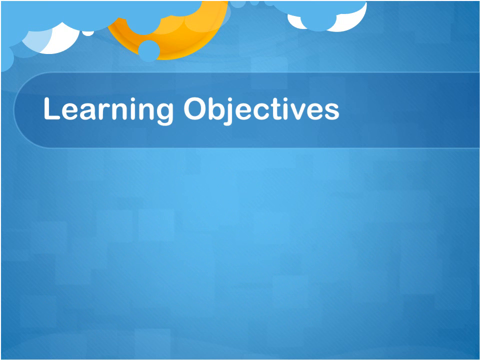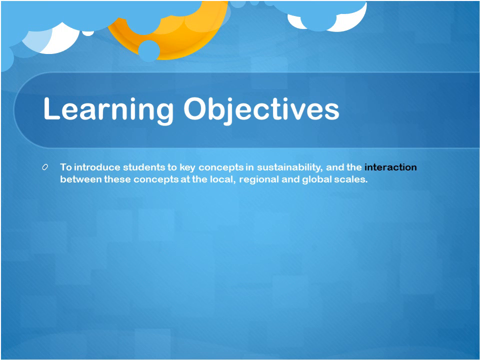Let me move on to the learning objectives. These are also detailed in the syllabus, but I wanted to highlight and explain a little bit of what's behind them. I think, first and foremost, it's about introducing students to key issues in sustainability, not in isolation in and of themselves, but actually how they interact with each other.